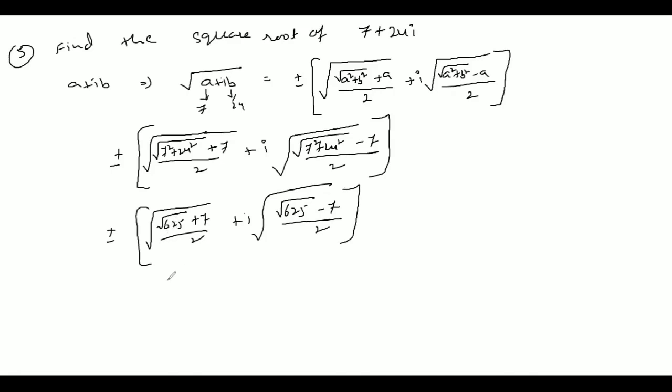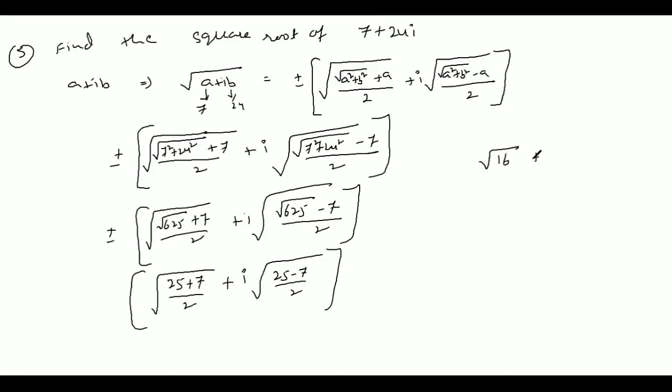The square root of 625 is 25, so 25 plus 7 by 2 plus i into root over 25 minus 7 by 2. 25 plus 7 is 32, 32 by 2 is 16.